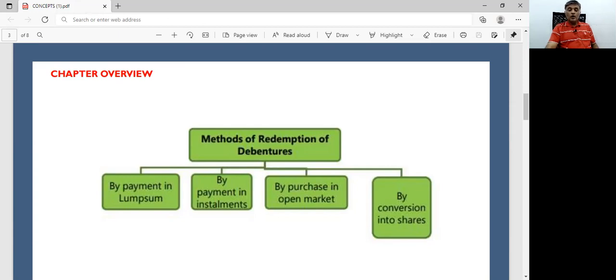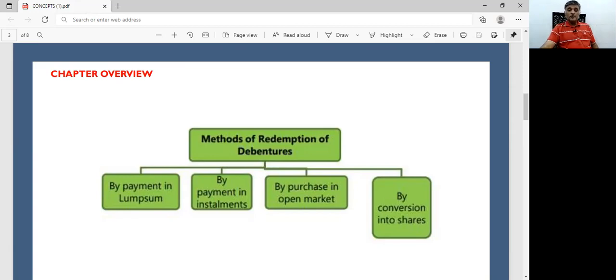So you go to the market, pay rupees 97 for the debenture, and essentially by paying 97, you cancel the 100 debenture. Once you purchase your debenture, you cancel the liability. That is something which is very, very interesting, so that you get a chance to redeem the debentures at a discount.